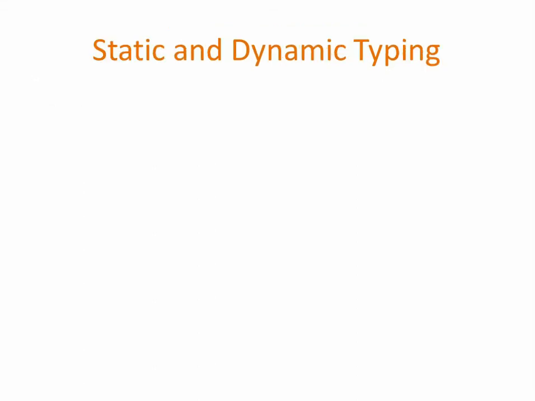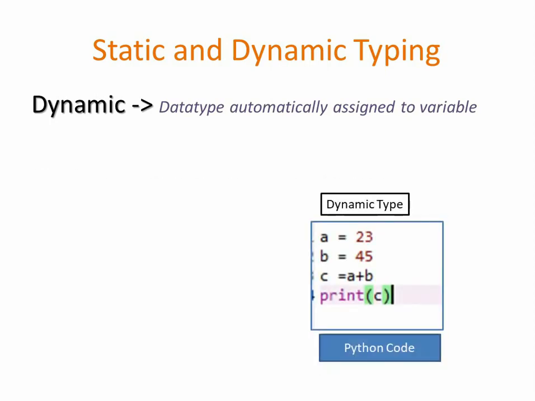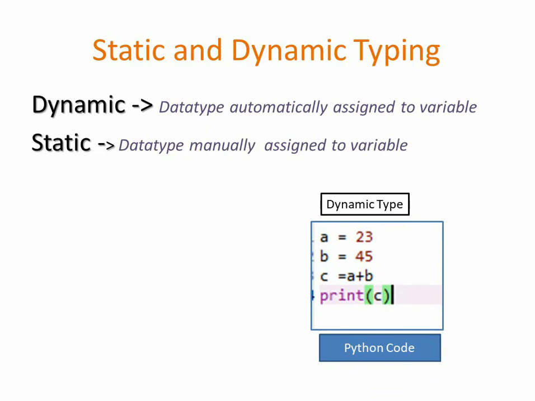Now let's move on. There are two types of data typing. One is static and the second is dynamic. In dynamic typing, data types are automatically assigned to variables. In static typing, data types are assigned manually. This is Python code. Here you can see this is an int value, but I haven't assigned int.